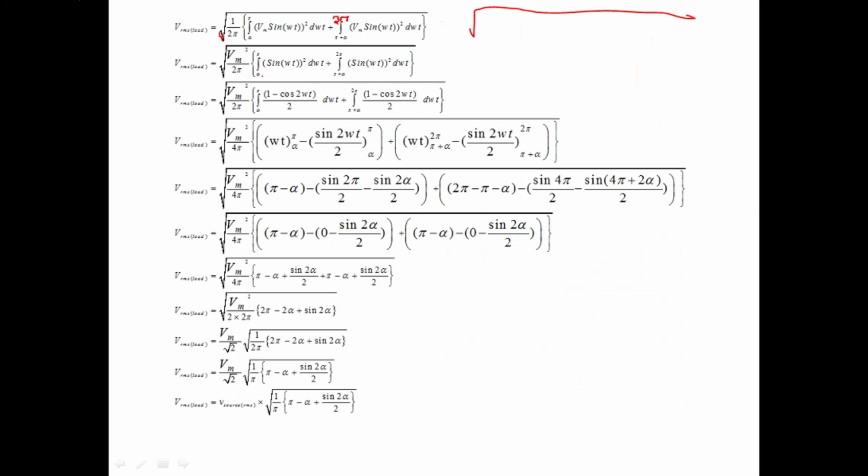Then you can keep Vm squared outside: Vm squared by 2 pi, integral alpha to pi of sin squared omega t d omega t plus integral pi plus alpha to 2 pi of sin squared omega t d omega t. Using a simple trigonometry rule, sin squared omega t is 1 minus cos 2 omega t divided by 2.